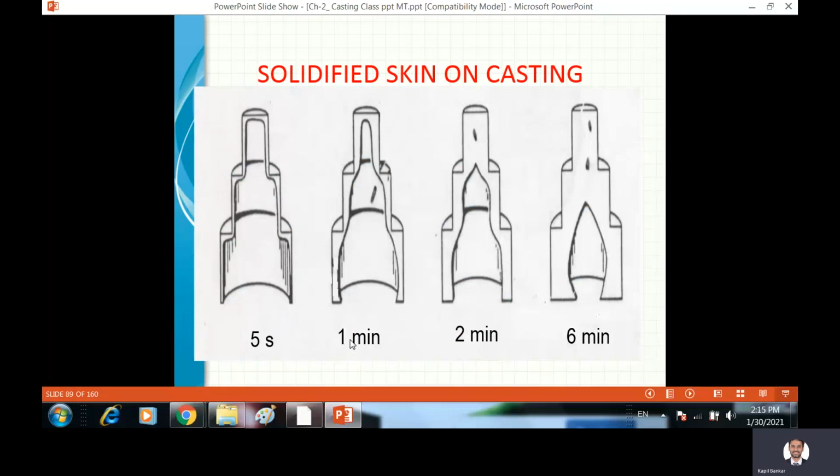Now after 1 minute, what happened? See, this portion, this portion, this whole portion has become solid. So from one side it will start to solidify and go towards the center. This solidification is called progressive solidification.